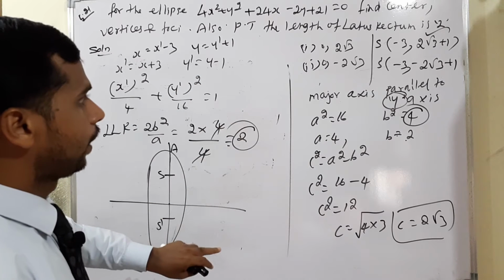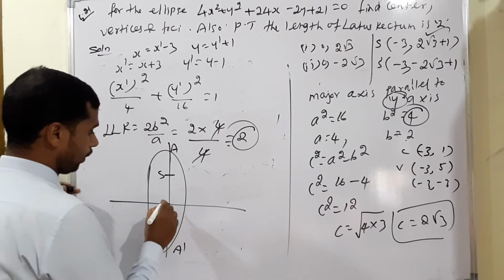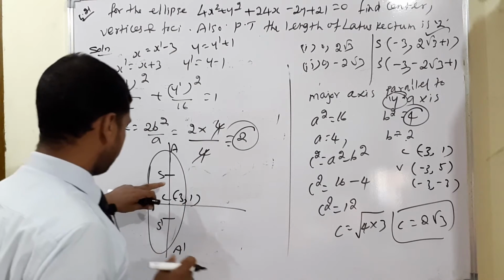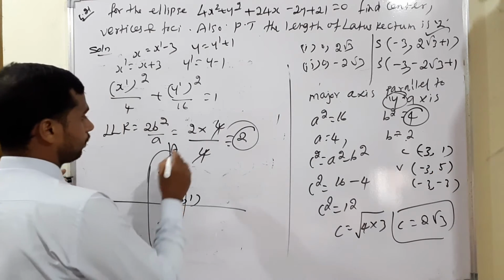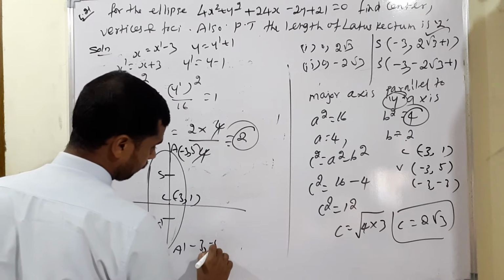So the center is minus 3 comma 1. Then for the vertices, A means minus 3 comma 5, and the opposite side, minus 3 comma minus 5.